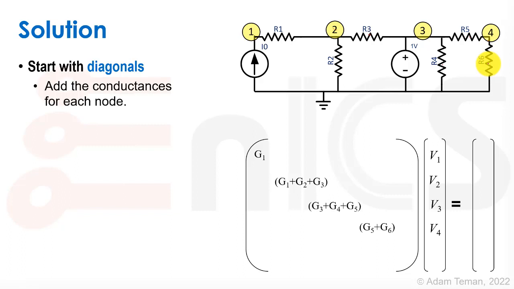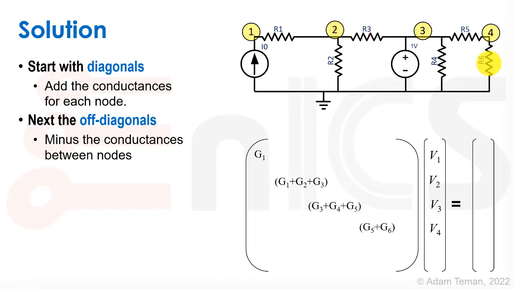And now what we can do is look at the off-diagonals. And again, what we're going to do is look at all of the conductances between nodes. So remember, this is going to be 1, 2, and 2, 1. So what do we have between 1 and 2? We just have G1 with a minus sign.